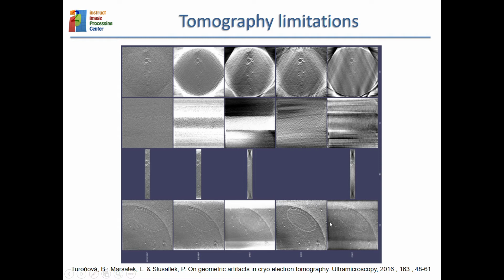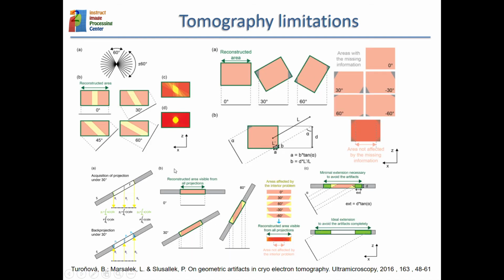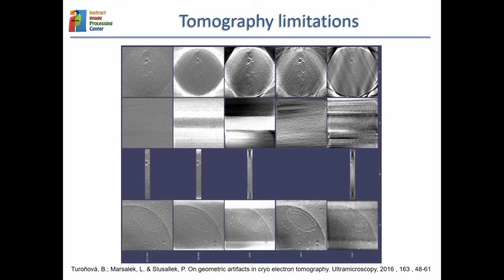And so you see the different artifacts that are superposed to the object that ideally you should be reconstructing. And all these artifacts are coming from the fact that part of the object is visible, part of the object is not visible as you tilt along the tilt series.